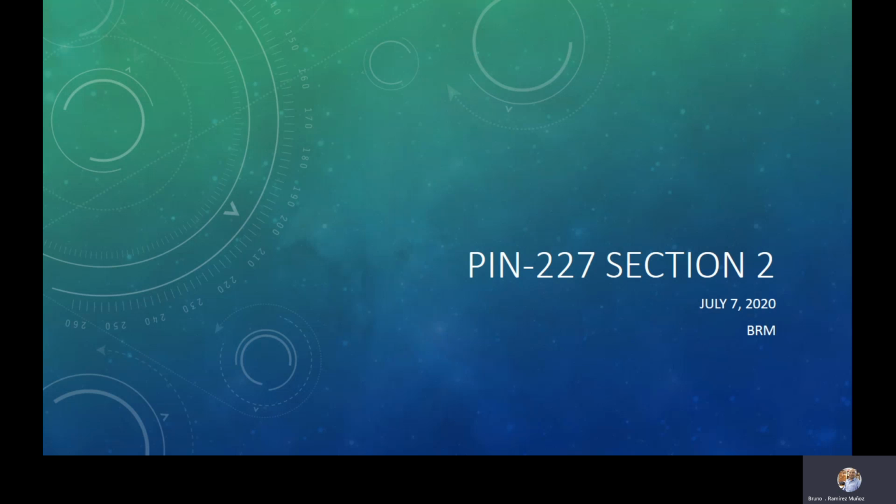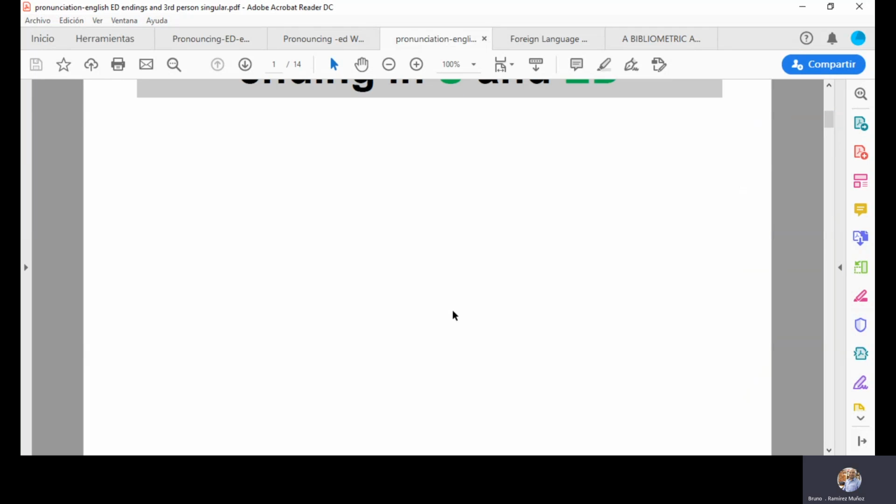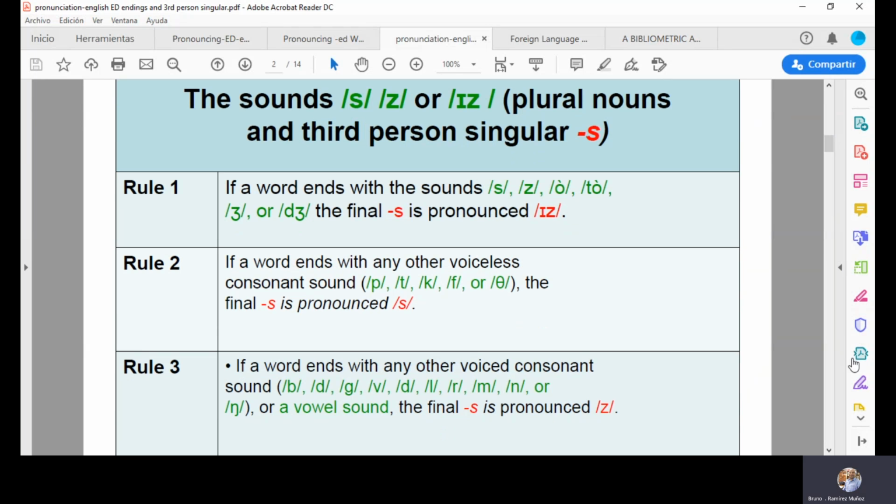So I would like to show you, first, a PDF file I'm going to share with you that contains the basics for the pronunciation of third person singular.